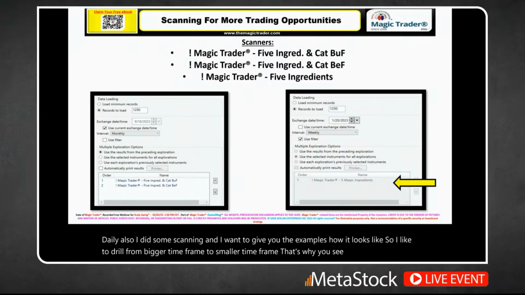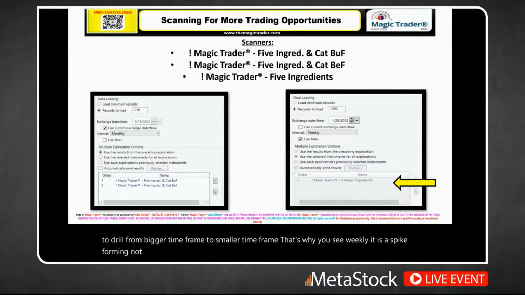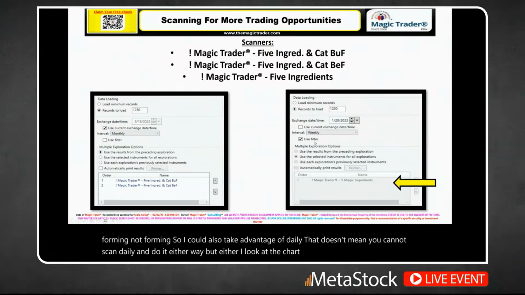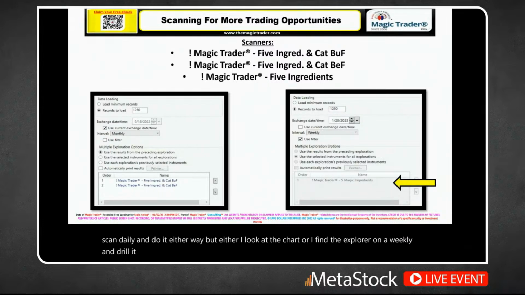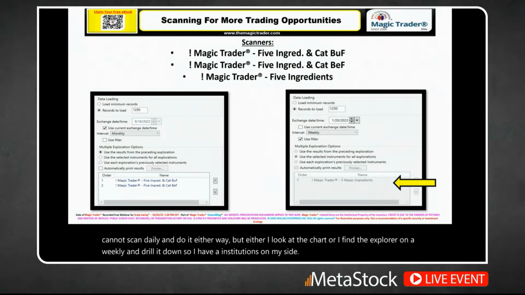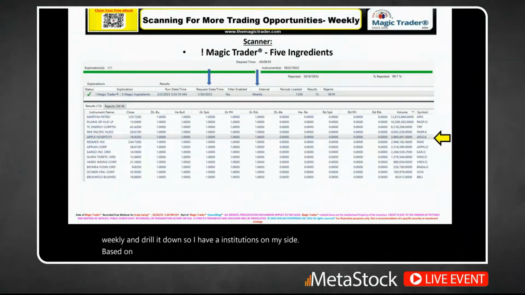If a spike is forming or not forming, I could also take advantage of daily. That doesn't mean you cannot scan daily and do it. Either way, I either look at the chart or I find the Explorer on a weekly and drill it down. So I have institutions on my side based on weekly magic lines. So I did this scanning for demonstration today.